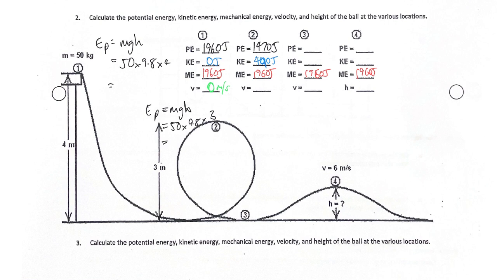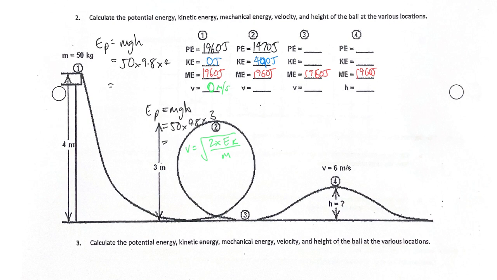So now that I have 490 joules, what can I do with that value? I can work out the velocity of this object. What is the equation for velocity? V is equal to, who remembers? Square root of 2 times EK over M.